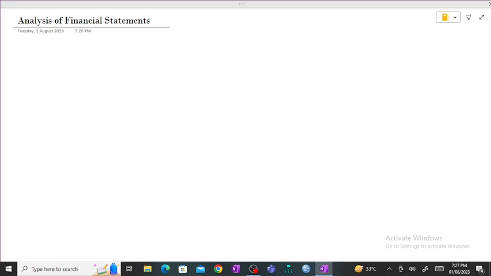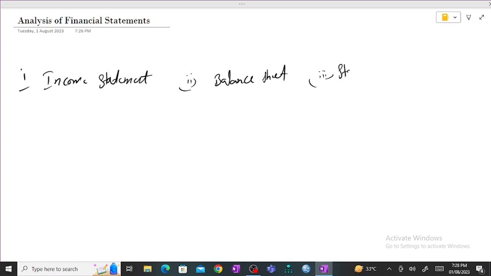Number one is the income statement. The next one is the balance sheet. The third one is the statement of shareholders' equity.